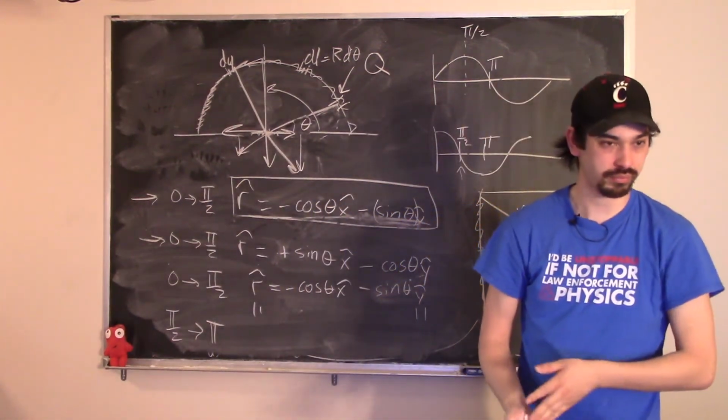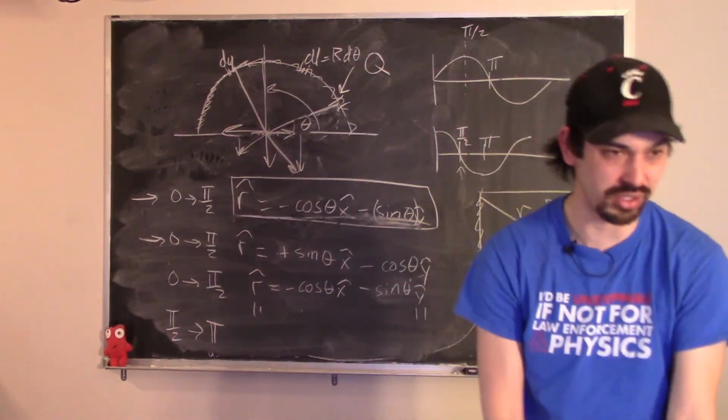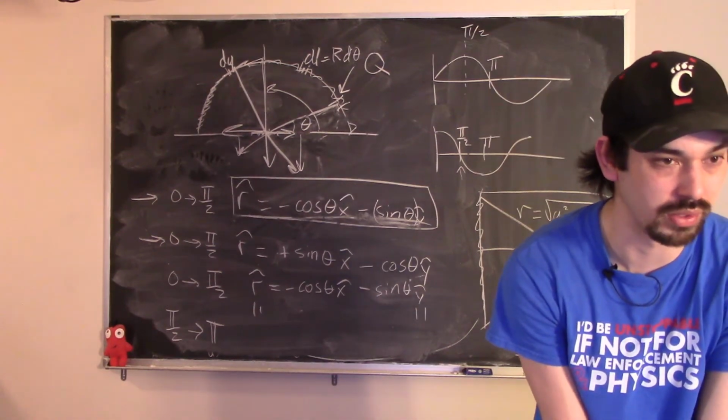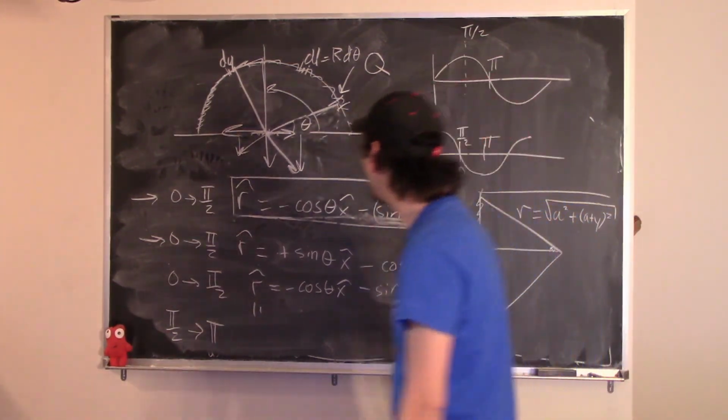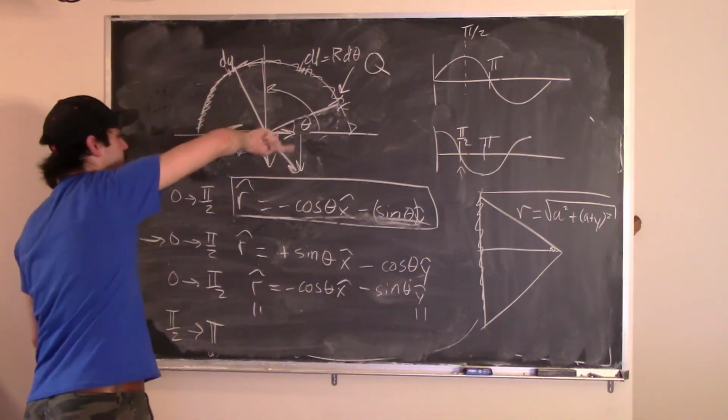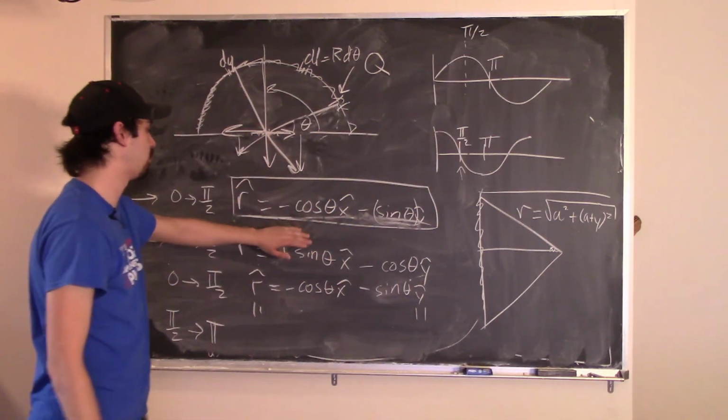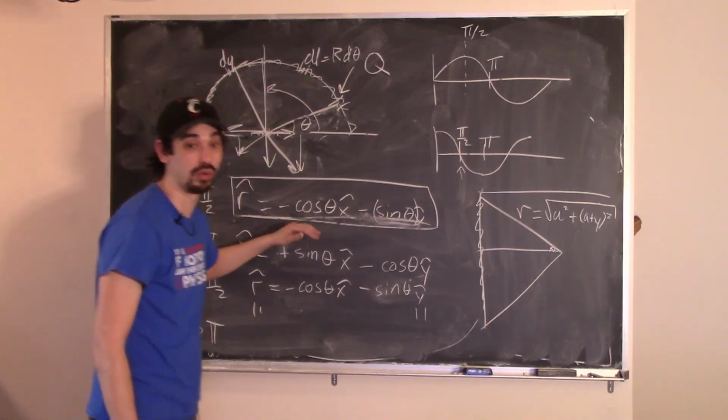So yeah, I think that, again, I answered these in a little bit of a roundabout way. But Brian, that's a good question. Ultimately, the fact that the r hat is changing direction is taken into account by the way that I wrote this.